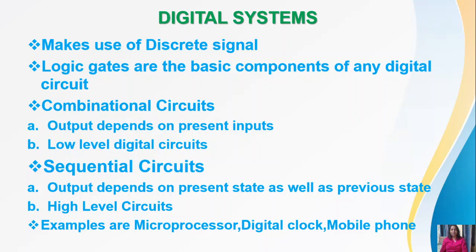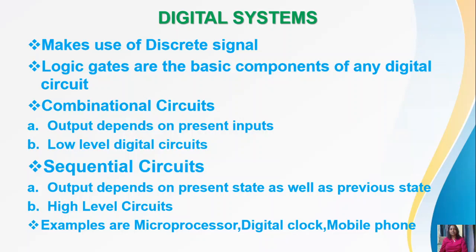They are not used as a memory device. They are used for low-level digital circuits. Examples are multiplexers, demultiplexers, encoders, decoders, adders, subtractors. Adder and subtractor are used in the ALU, arithmetic logic unit.